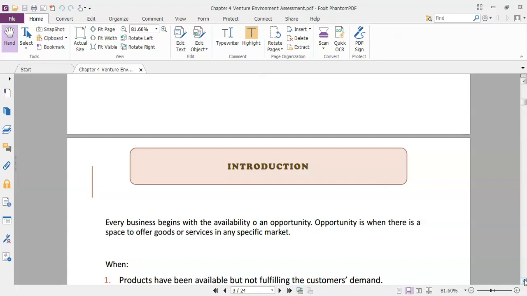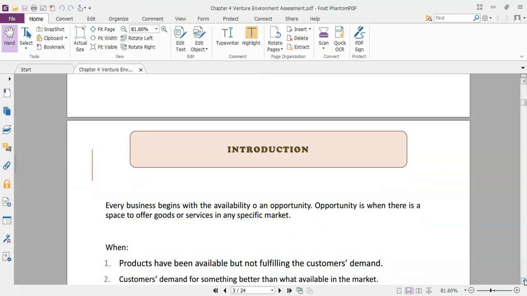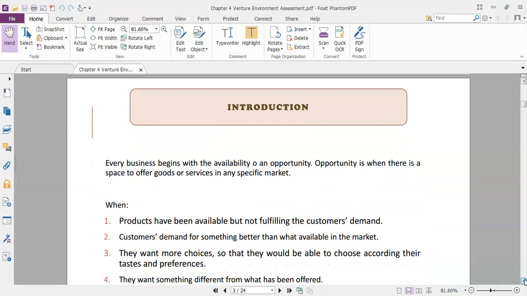Opportunities in terms of goods and services are those demanded by the customer. So when products are available but not fulfilling the customer's demand, actually the product is there, but there are some features, some unique characteristics, that other products don't have.